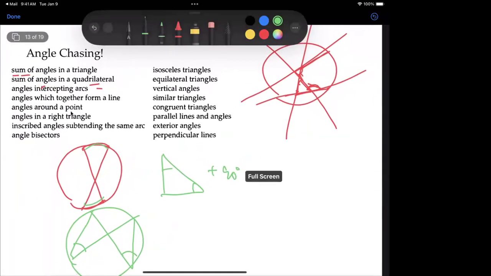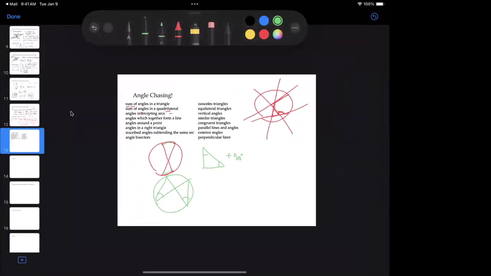Angle bisectors, isosceles triangles, as we saw, if you get any equal angles within a triangle, then you can get an isosceles triangle. And equilateral triangles are just if you get all equal angles in a triangle. The vertical angles are self-explanatory because they're obviously equal. And then similar triangles, congruent triangles, as I said before, parallel lines and perpendicular lines are very good.